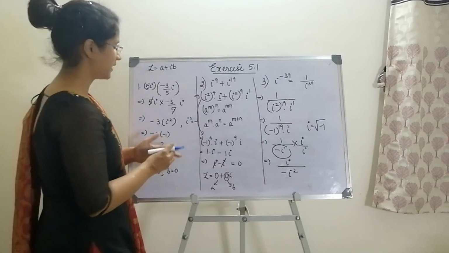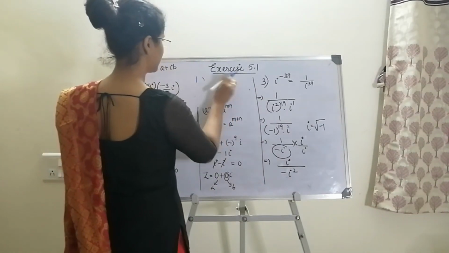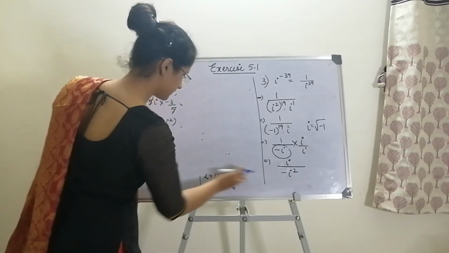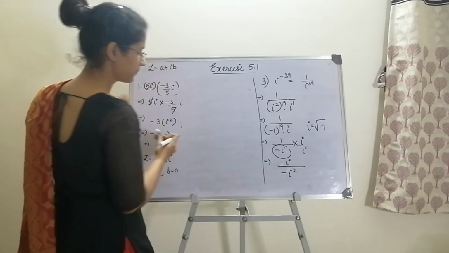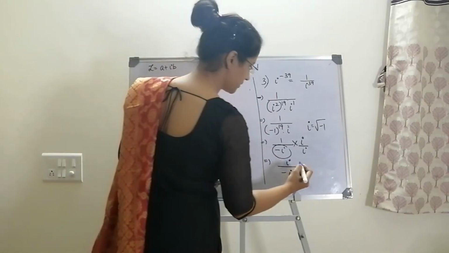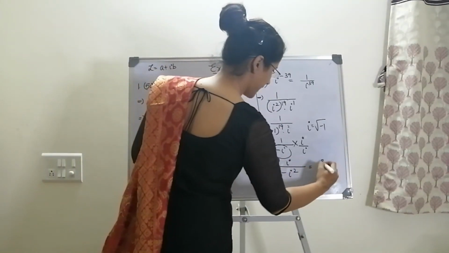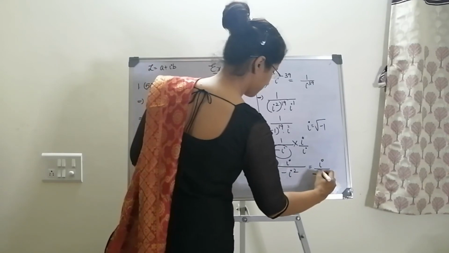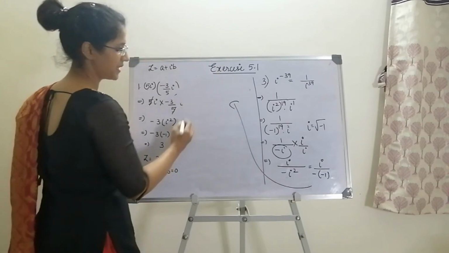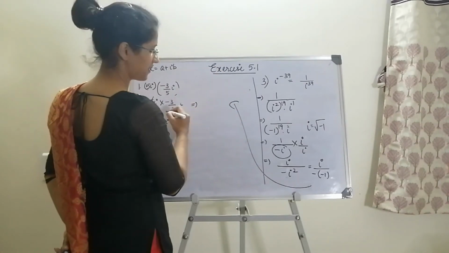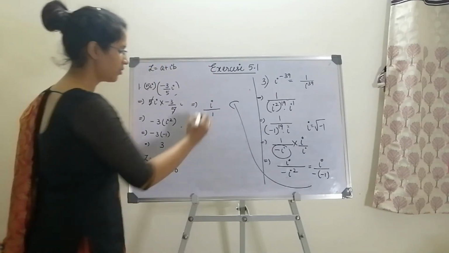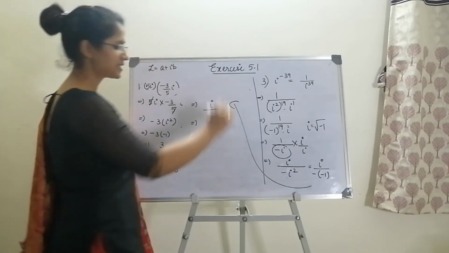I will just erase the previous part so that there is some more space for you all to understand it in a better way. So I have i divided by i square. When I substitute the value of i square, I write this as minus i divided by minus 1. So this can be further written as i divided by 1. Now i divided by 1 is nothing but i. Correct?